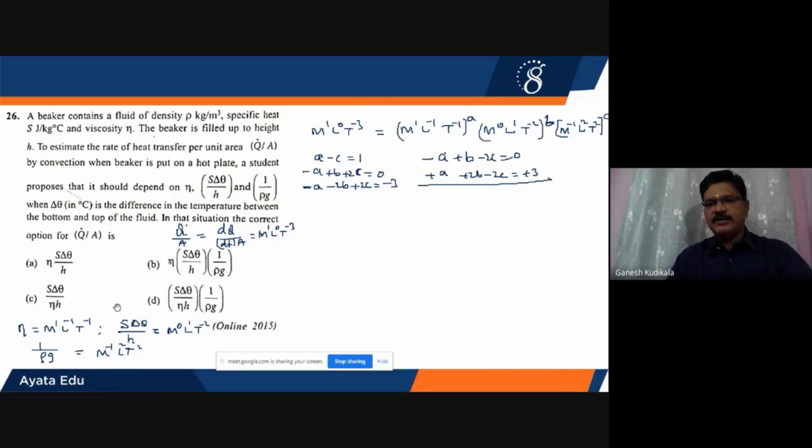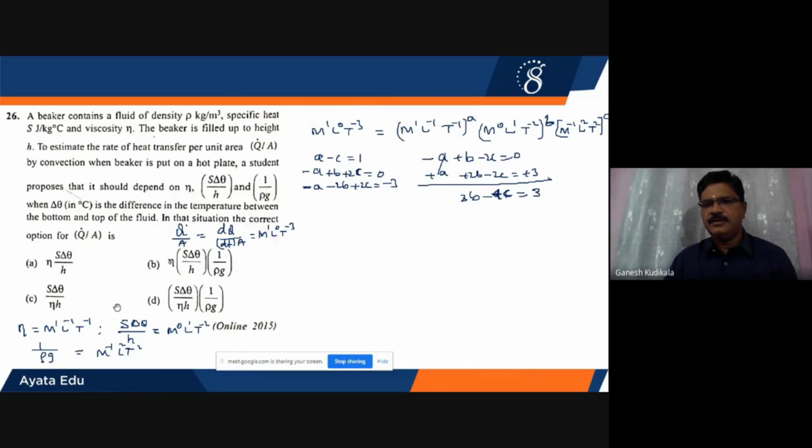So on adding, these two will get cancelled. 3B minus 4C will be equal to 3.